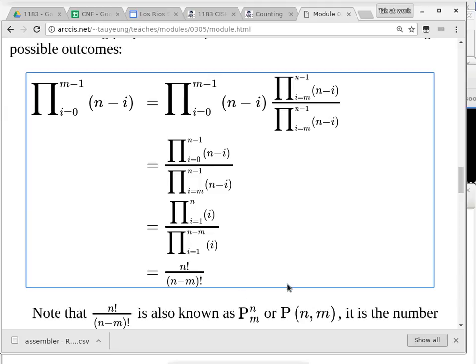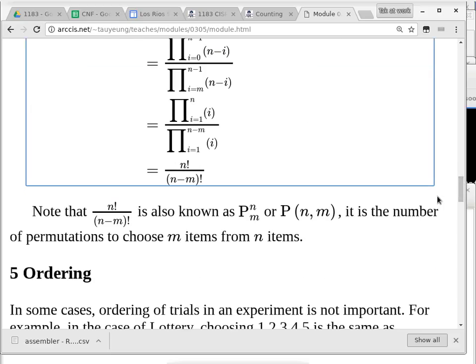Now this is also known as, since we like the word P, now you get your P, okay? This is called permutation. That's why it starts with a P. So this is the number of permutations to choose m things out of n things. Now when we talk about permutation, ordering is important. So 1, 2, and 3 versus 3, 2, and 1 are unique permutations.